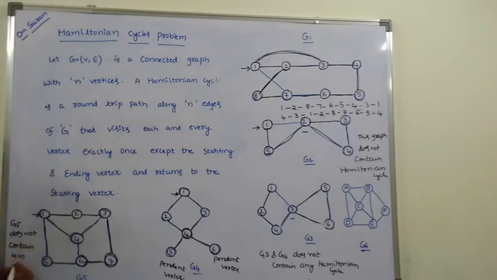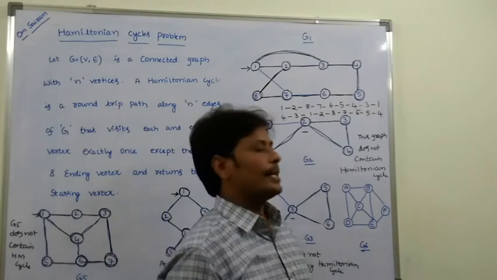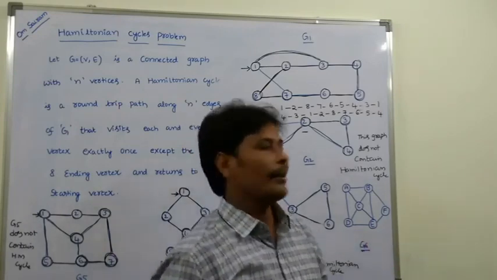Next, we have to check whether graph G6 contains any Hamiltonian cycle or not.